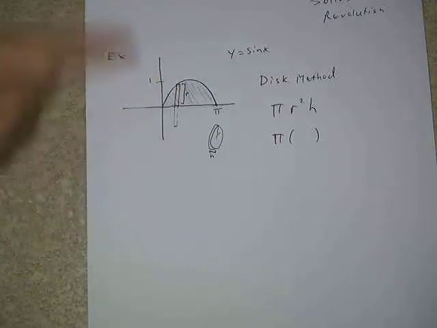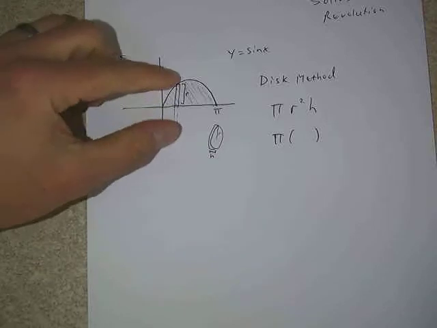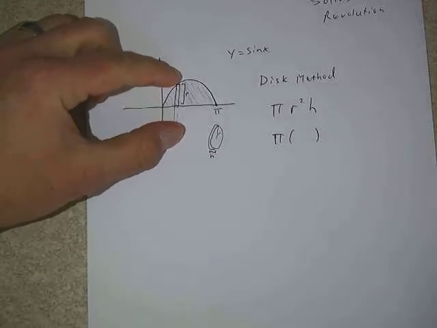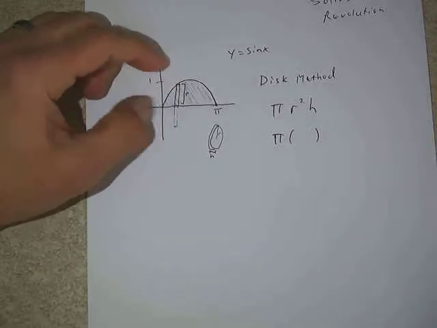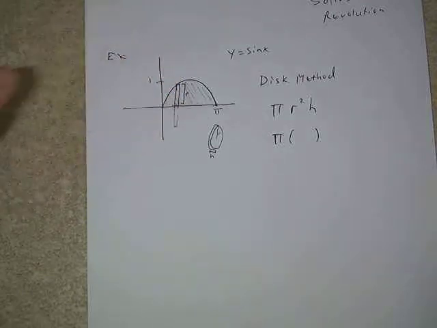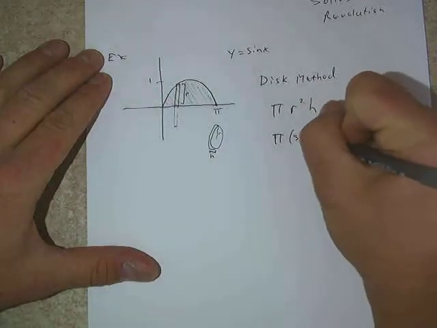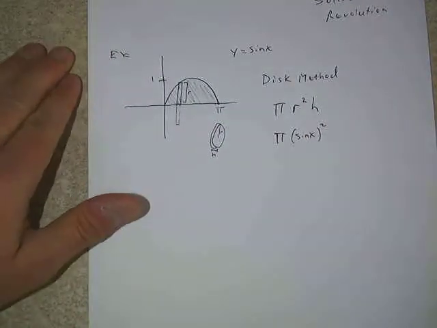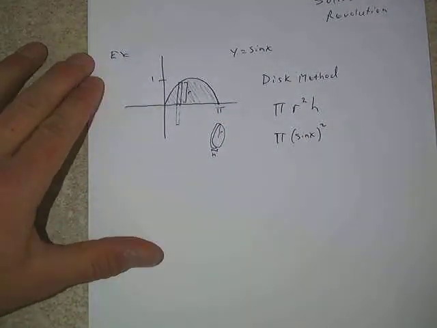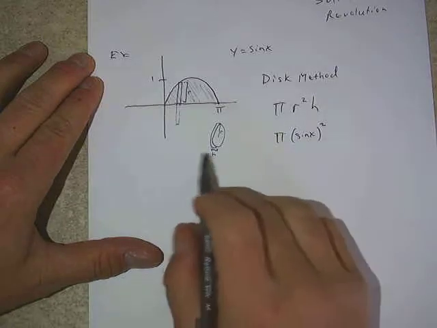So wouldn't it just simply be sine x? Isn't this the actual radius in this case, if the disk is made from a revolution of this region? Remember, this is the whole disk right here. It goes into both quadrants, both first and fourth quadrants. That means half the disk, that half distance, is going to be the radius, which in our case is simply sine x.